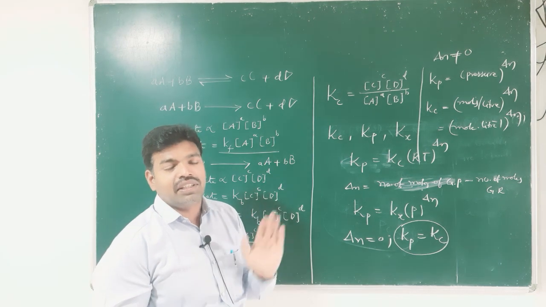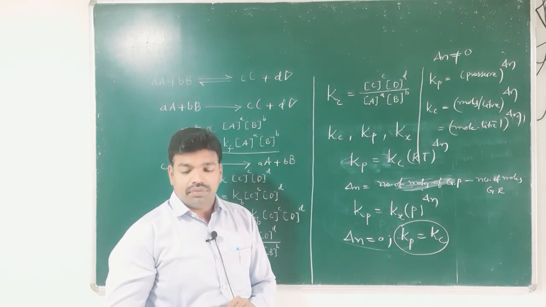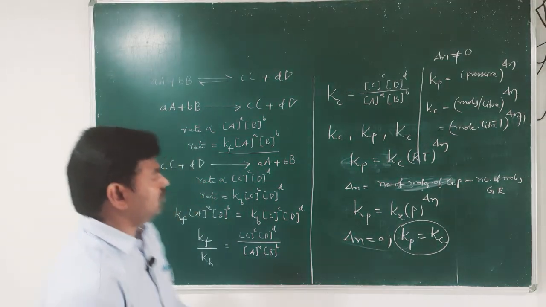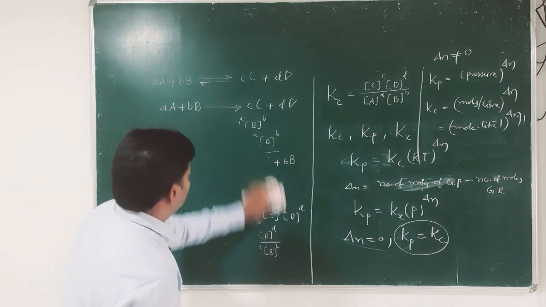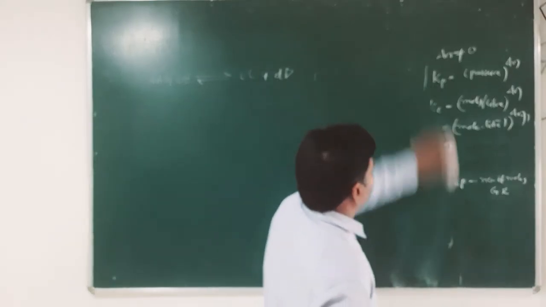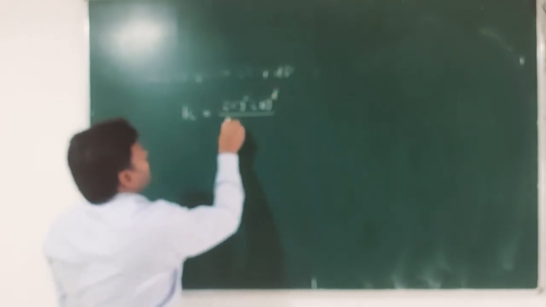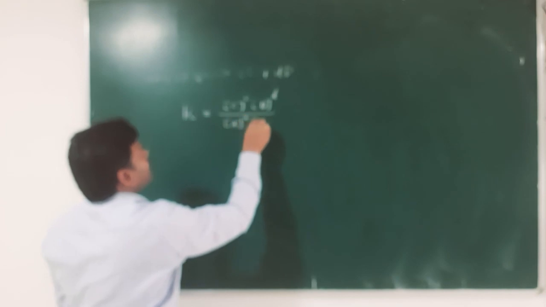The equilibrium constant K is equal to concentration of C power c and concentration of D power d, divided by concentration of A power a and concentration of B power b.